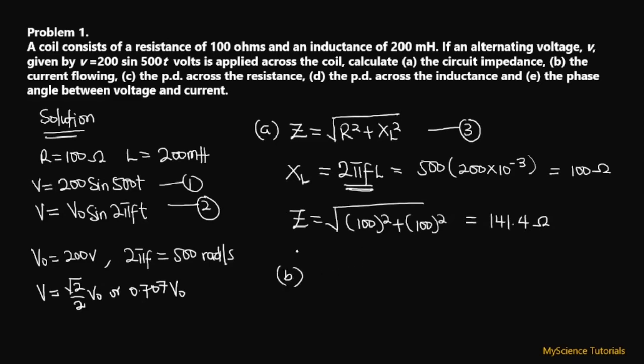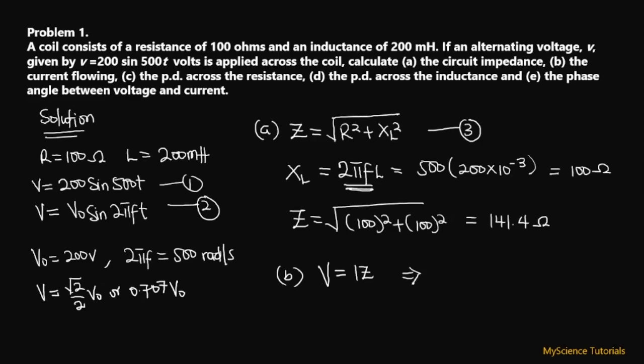Now, the B aspect of this question is asking us to find the current that is flowing through the circuit. So we know that our voltage, or the root mean square voltage, is equal to IZ. We know our Z, which is the impedance, but we don't know our voltage.